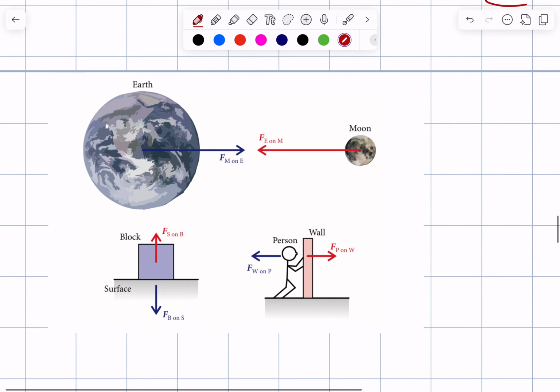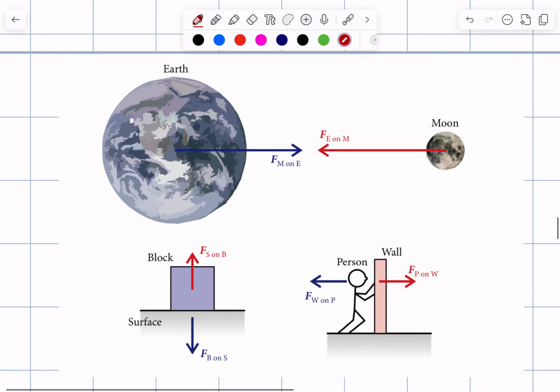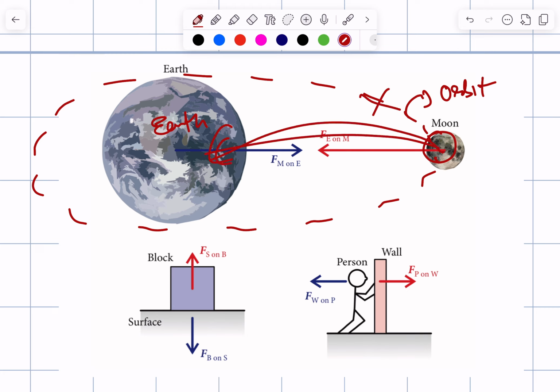Now I'm giving you a concept with the help of this diagram. This is Earth, and the Moon is rotating in an orbit around the Earth. Since it is in orbit, the Moon is not getting inside the Earth. Otherwise, if it were not in orbit, the Moon would have collided with the Earth.